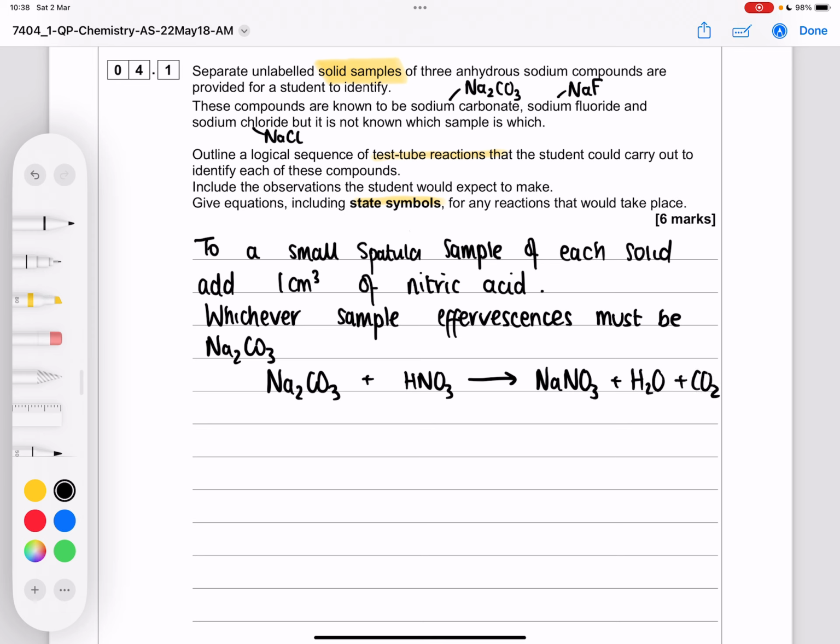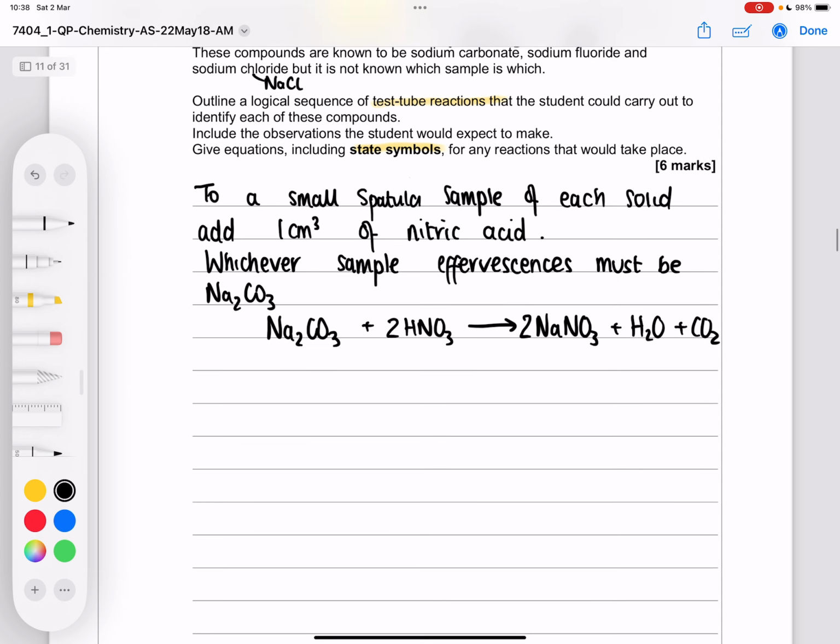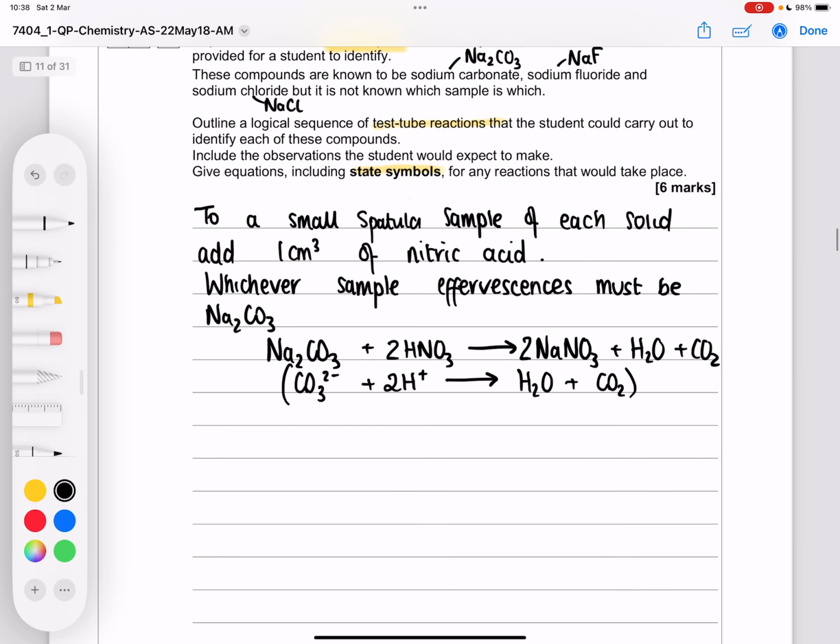And then we could balance that. So 2 sodiums would give me 2 sodium nitrates, which means I'll need 2 nitric acids, and everything else will balance. Or I could do that ionically. The carbonate ions and the acid protons are going to react to make carbon dioxide and water. So that would be our first test.